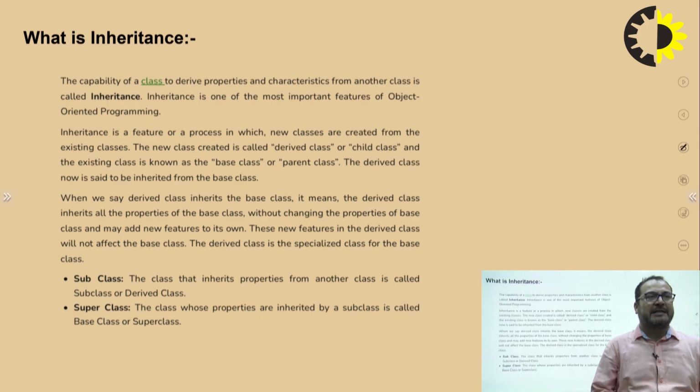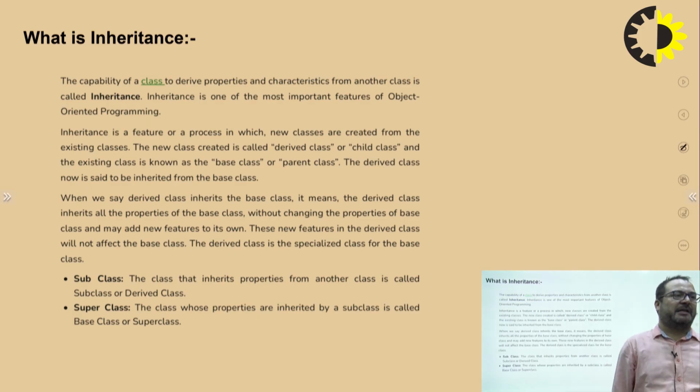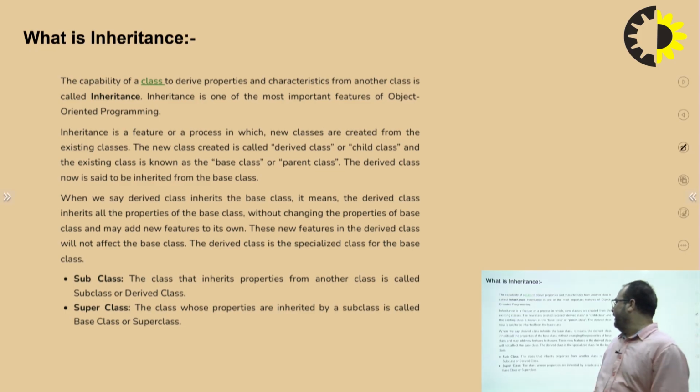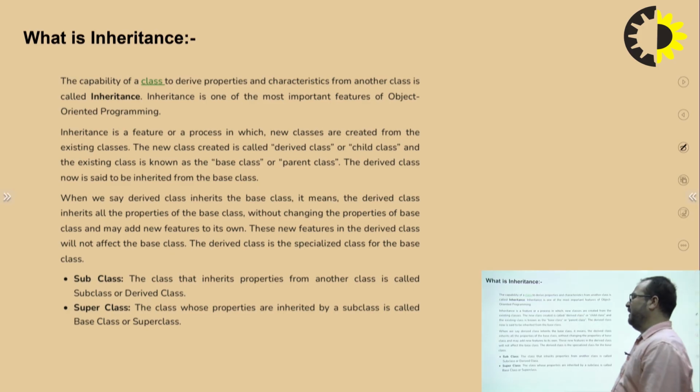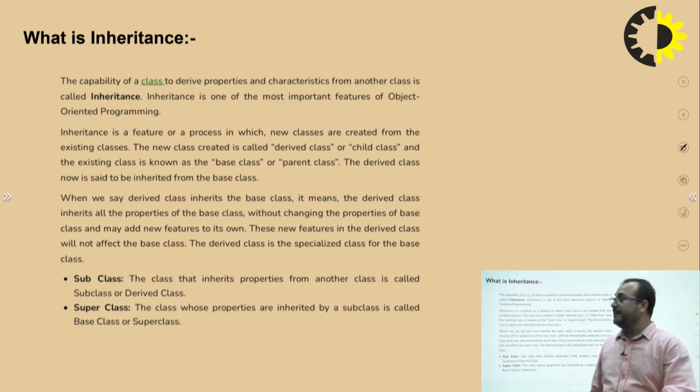The derived class is a specialized class of the base class. The class that inherits properties from another class is called a subclass or derived class. The superclass is the class whose properties are inherited by a subclass, called the base class, and sometimes the parent class, depending on the context.